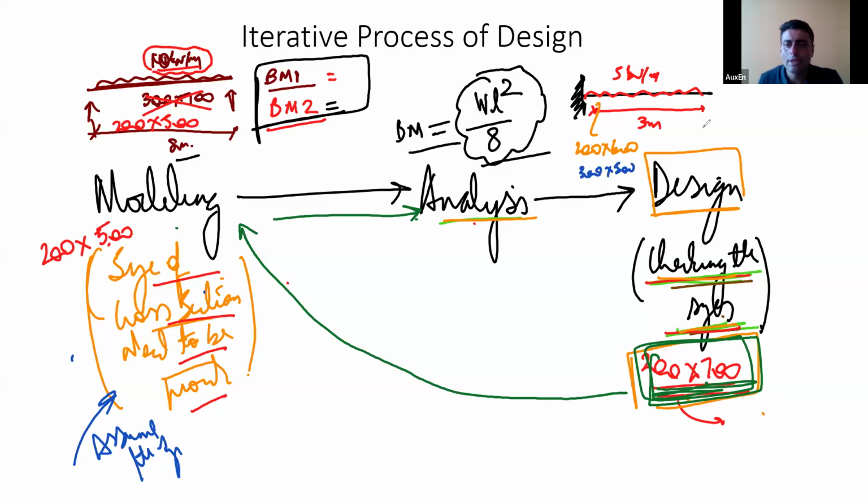Now tell me bending moment, same, different, less, more, what will happen? So when the size was 200 by 600, suppose I was getting some bending moment 1, and for this 300 by 500, suppose I was getting some bending moment 2, will this be same, different? What will happen? Tell me, please. Hello.